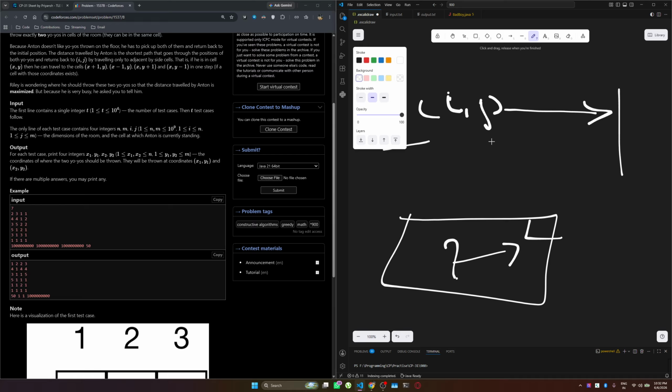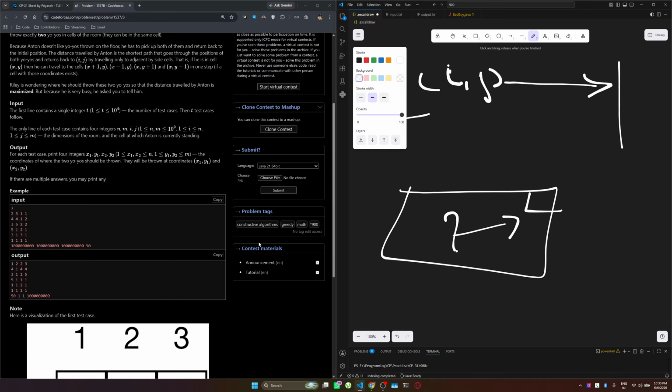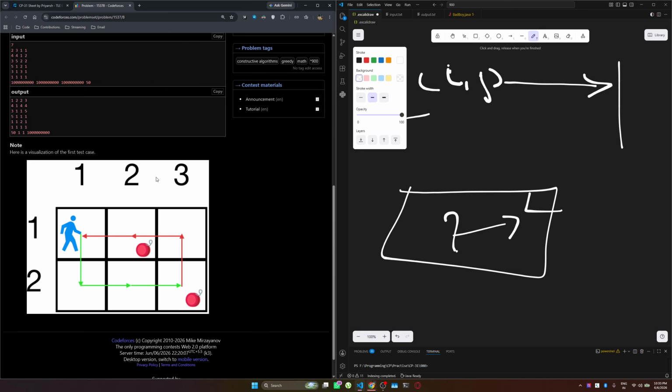I think that is the problem now. And with i, j given, I think we can easily. Okay. The first one should be the furthest away.